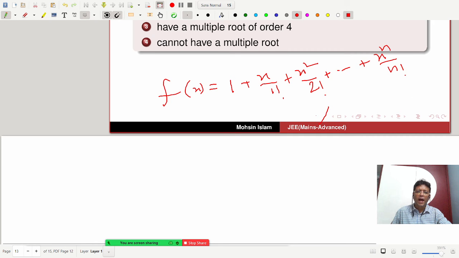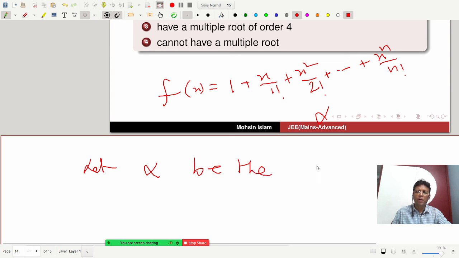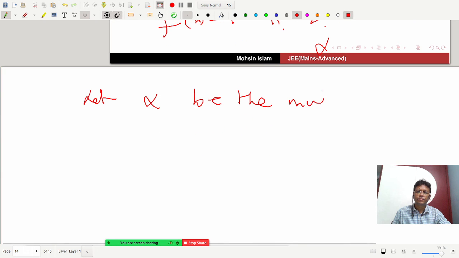Okay, and let alpha be the multiple root. I'm not mentioning the order, that is not required. It may be 2, 3, whatever. I don't need that. Multiple root.